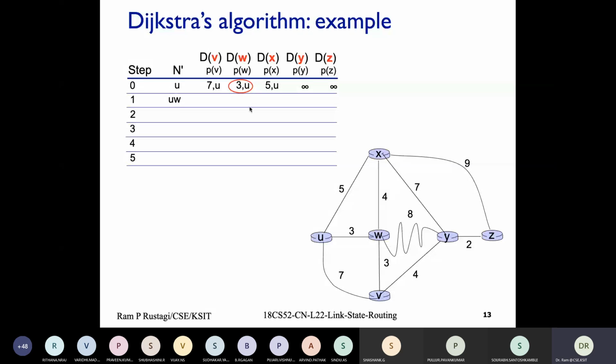Now I need to update DV, DX, DY, and DZ. Currently my DV is 7.